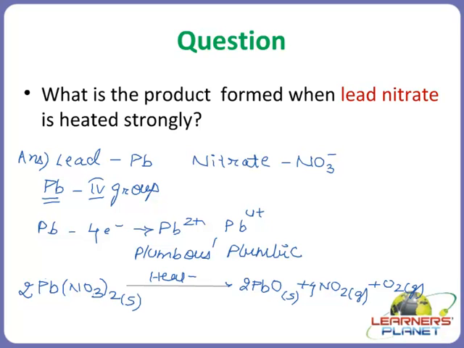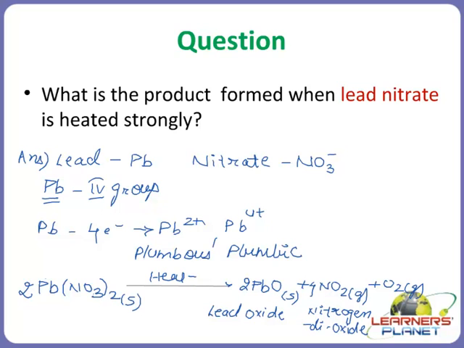So what are the products formed? PbO is lead oxide, NO2 is nitrogen dioxide, and O2 is oxygen.